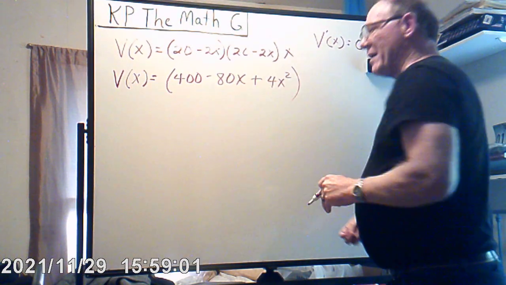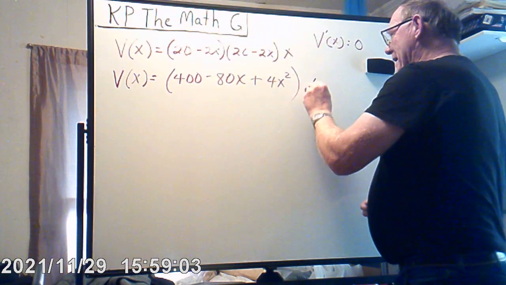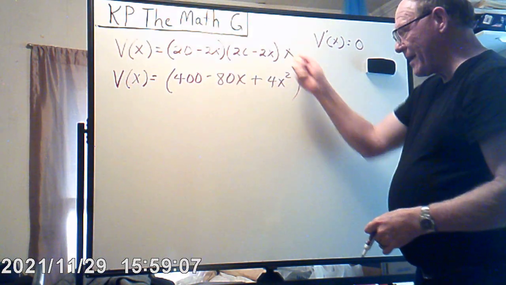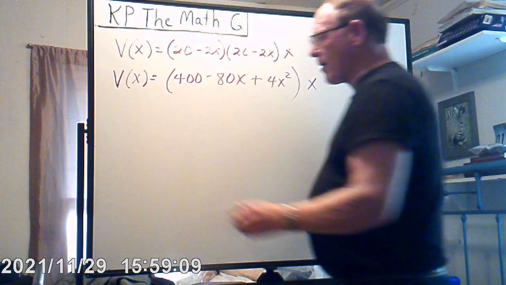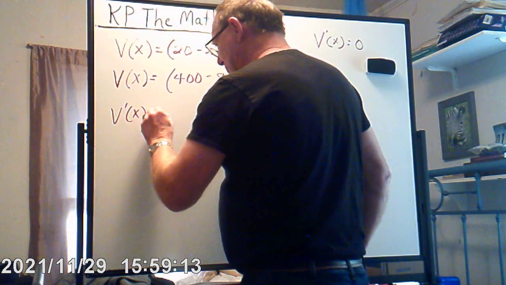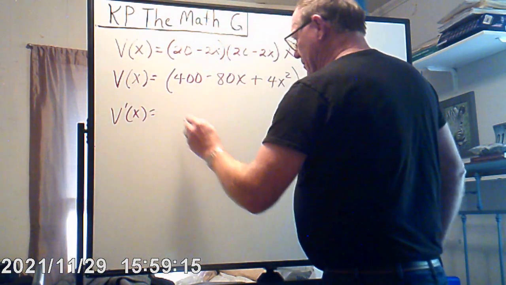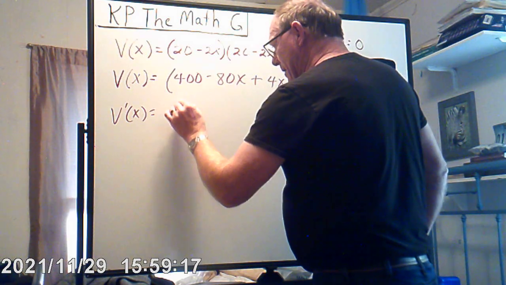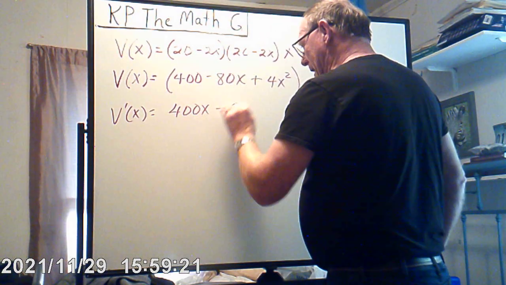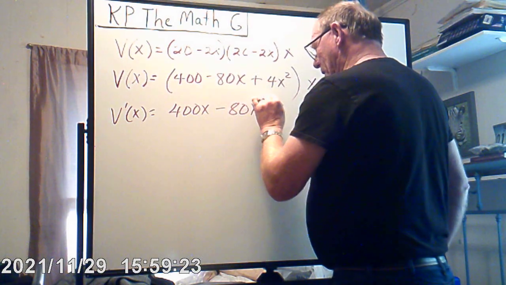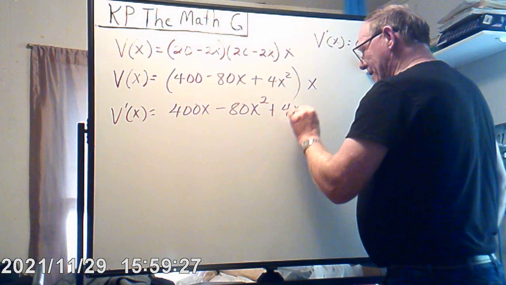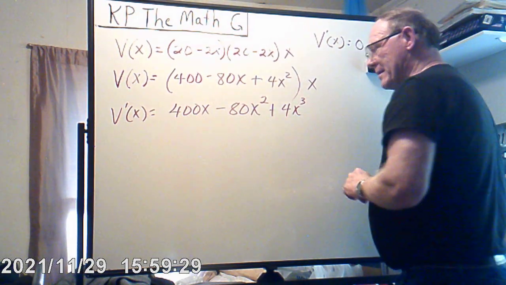It's imperative that we get this correct. And remember, we still have an x out here. So now let's write it one more time. V at x is equal to 400x minus 80x squared plus 4x cubed.